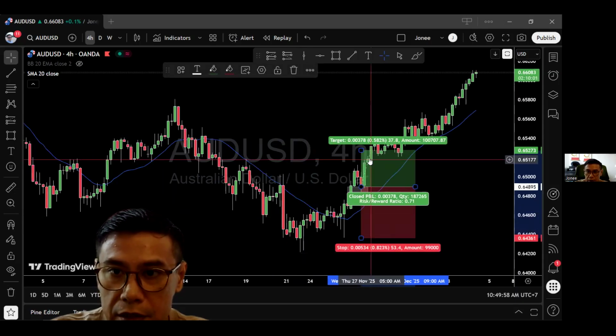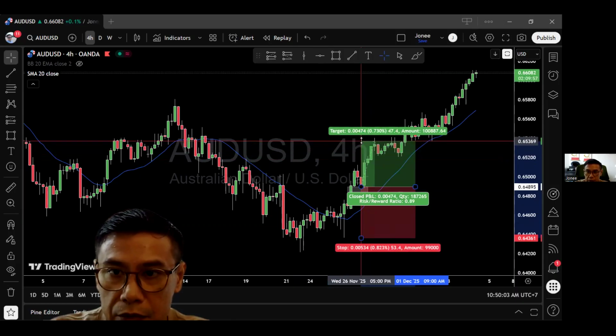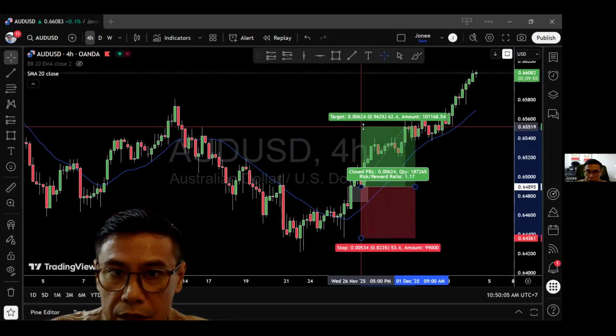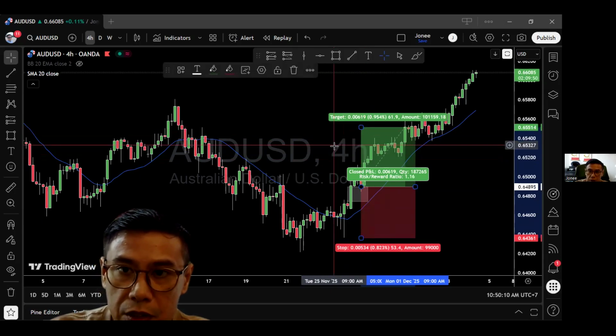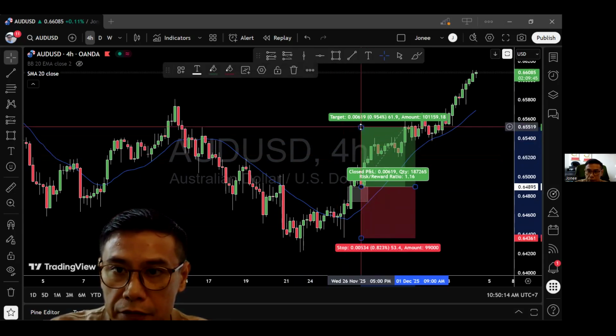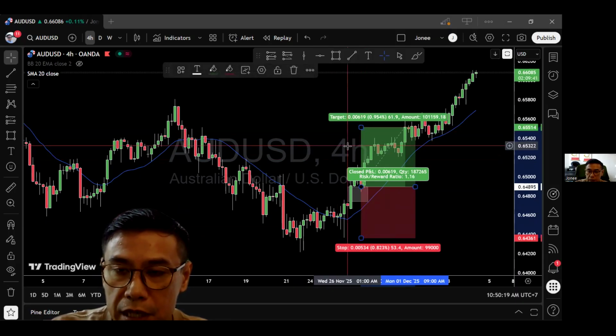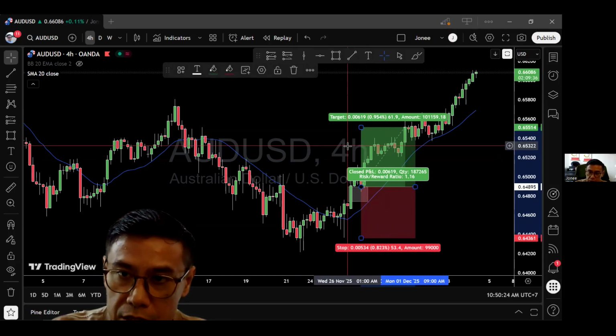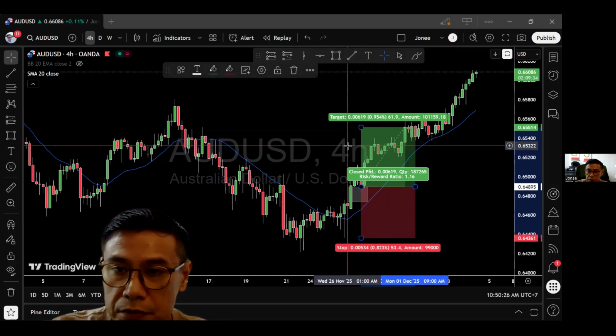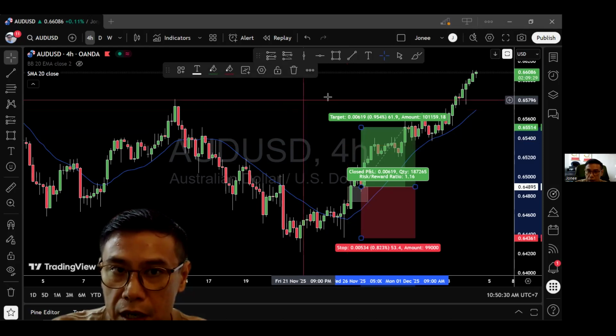Then the target would be the nearest swing high, where we're going to divide the position into two, whereby after the first take profit is hit, we will be taking partial profits. It can be 60% of the position or 70% of the position, and then letting the remainder of the position run higher.